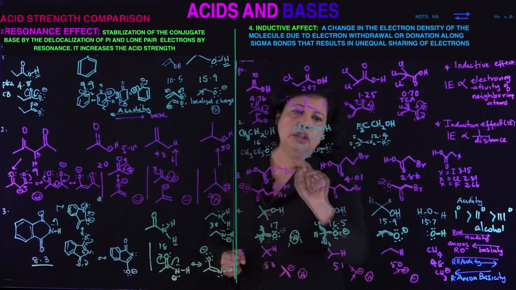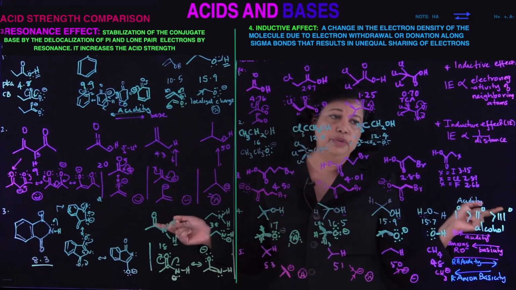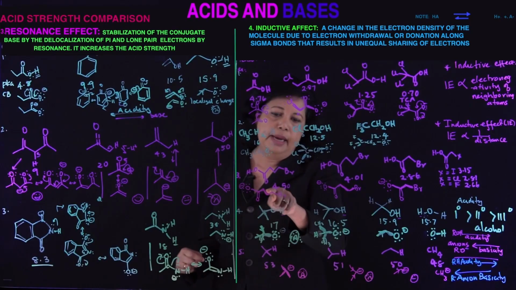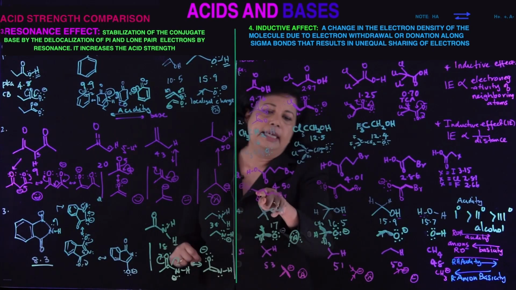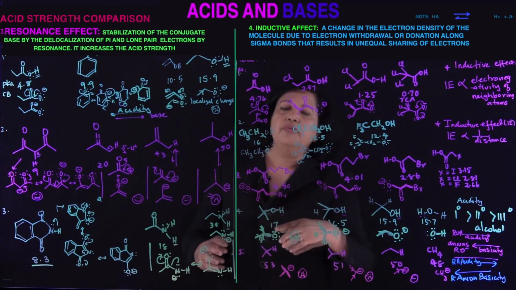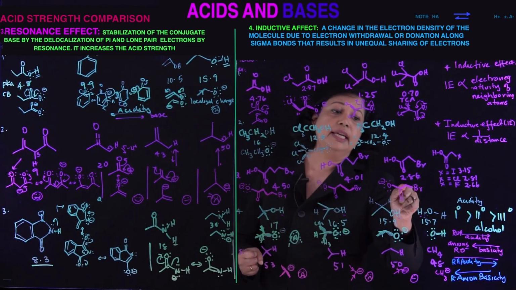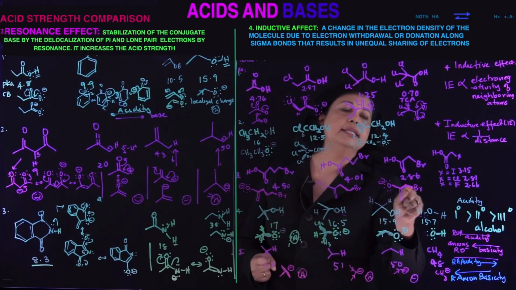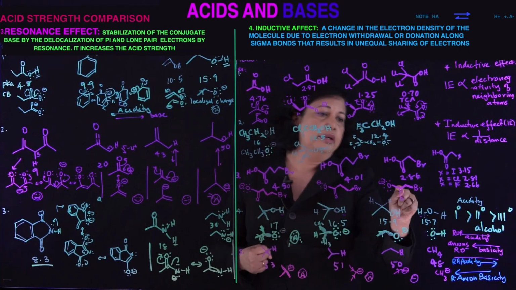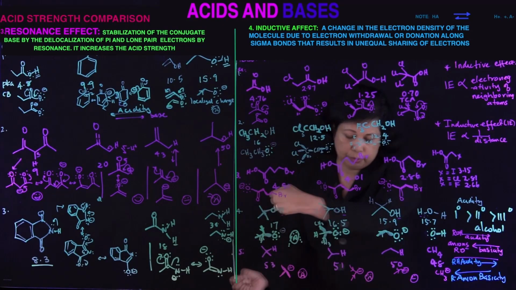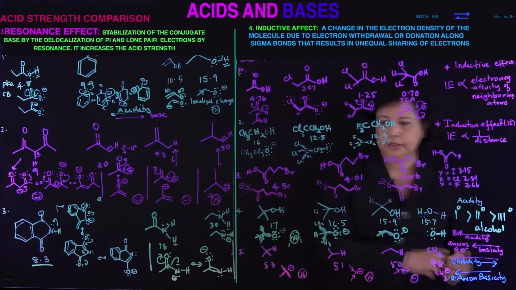And the distance also is a huge factor, because if you have many carbon atoms in between, the effect falls off with distance. Whereas if it's really close to where the anion is, then it stabilizes a lot better because it has two sigma bonds to pull that charge through.